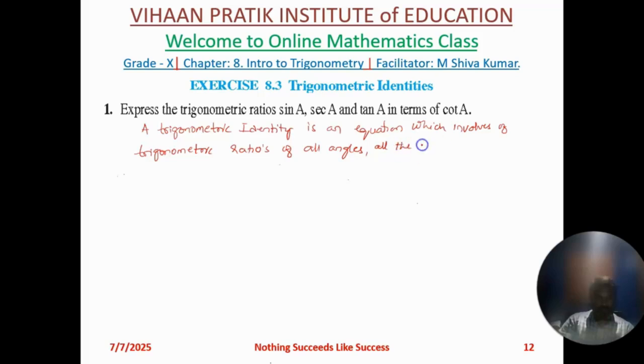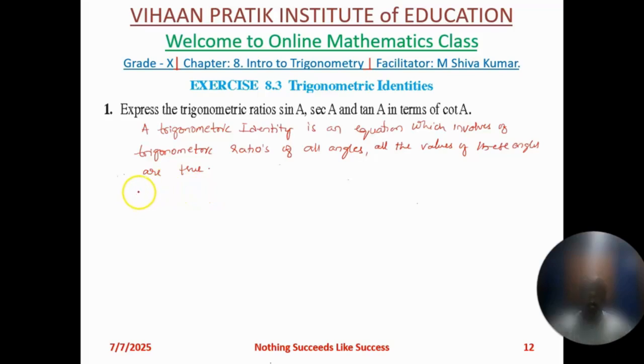So a trigonometric identity is an equation which involves trigonometric ratios of all angles, and is true for all the values of these angles. So this is the definition of trigonometric identity, right?